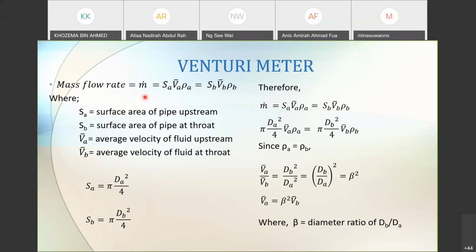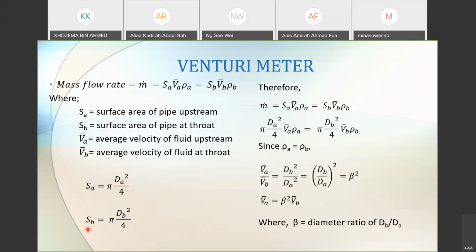And the mass flow rate can be defined in this term, where SA and SB are the surface areas, VA and VB are the velocities, and rho A and rho B are the densities of the fluid. And we can further define our value of SA, which is the surface area, as pi dA squared over 4.